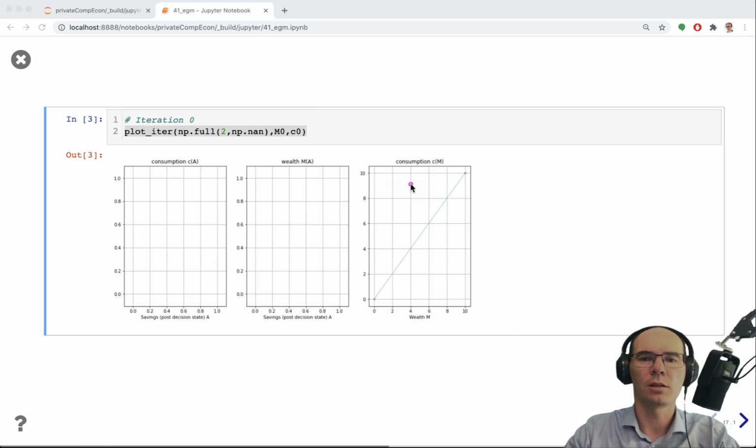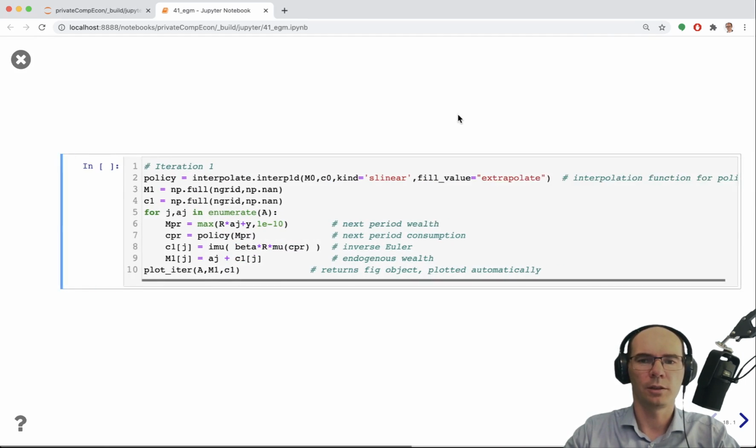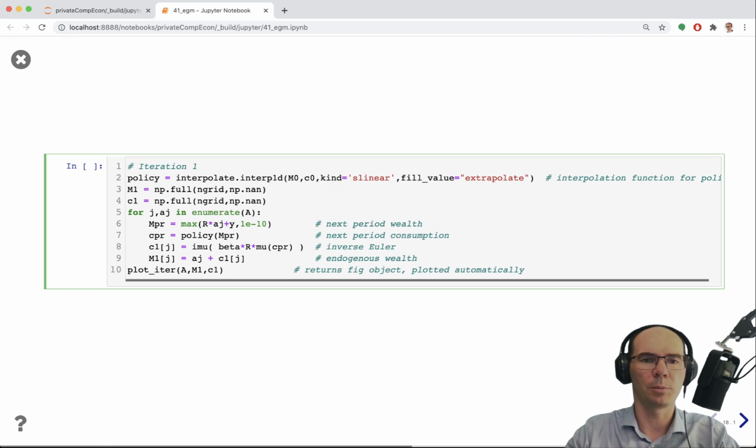And so here, I'm plotting this curve, the consumption function, which is given in the parametric form. So here I'm going to be combining wealth and consumption that are the verticals here. And like I said, in iteration 0, we just start with a 45-degree line. Let's go to iteration 1 and see what happens here.